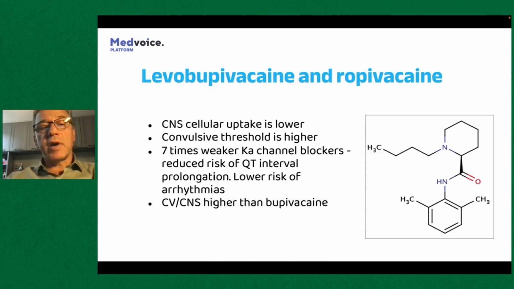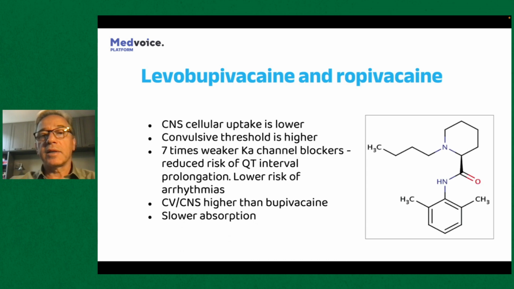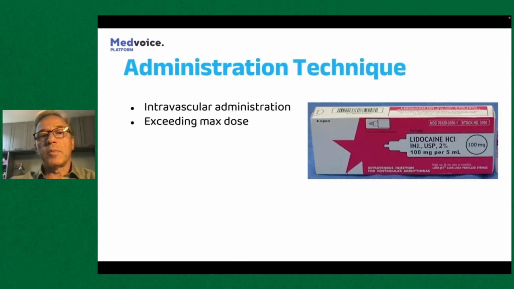Their CV CNS ratio is higher than in bupivacaine, and they have slower absorption than bupivacaine. So basically, bupivacaine is the worst. Hence, in our trust a few years ago we switched completely from bupivacaine to levobupivacaine for the sake of safety. And if you inject levobupivacaine inadvertently intravenously, then the risk of developing LAST is a lot lower compared to bupivacaine.